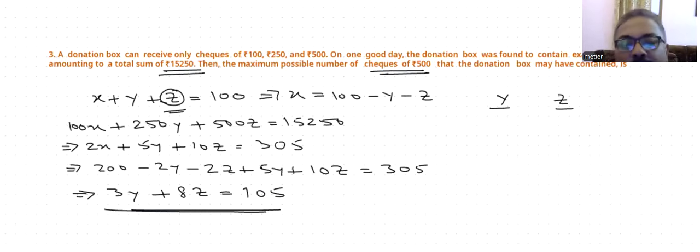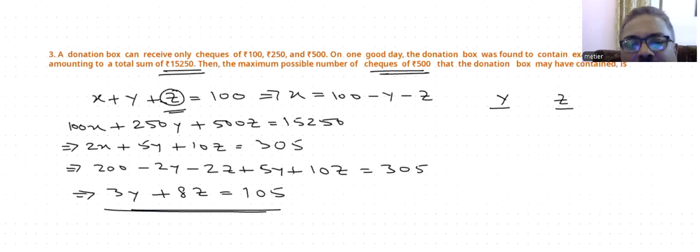You cannot make y 0 to maximize z, because 105 is not a multiple of 8. So there are two things you can follow. First one is to go for a suitable value of y so that it will give you 105 in this equation, and you can maximize the value of z.